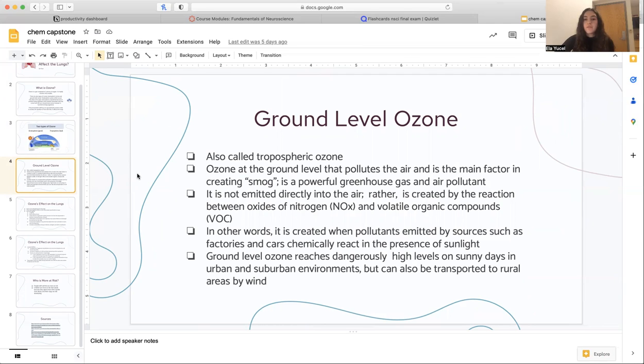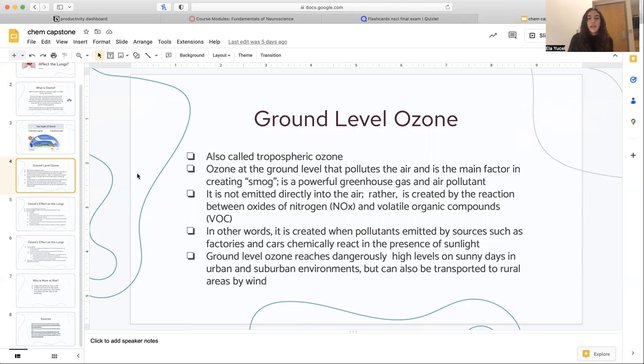Ozone at the ground level pollutes the air and is involved in smog. It is a powerful greenhouse gas and air pollutant. So obviously, it's not very good for the environment, and it has many harmful effects to the environment in addition to the human body.